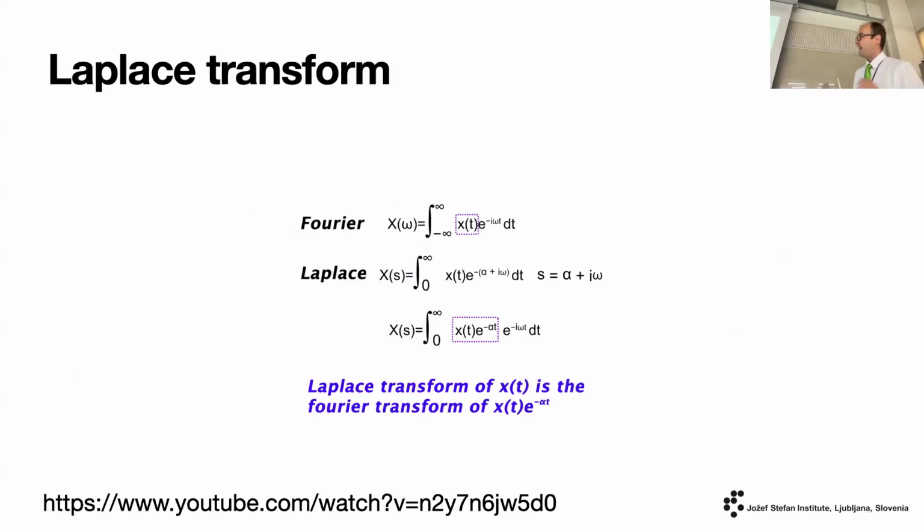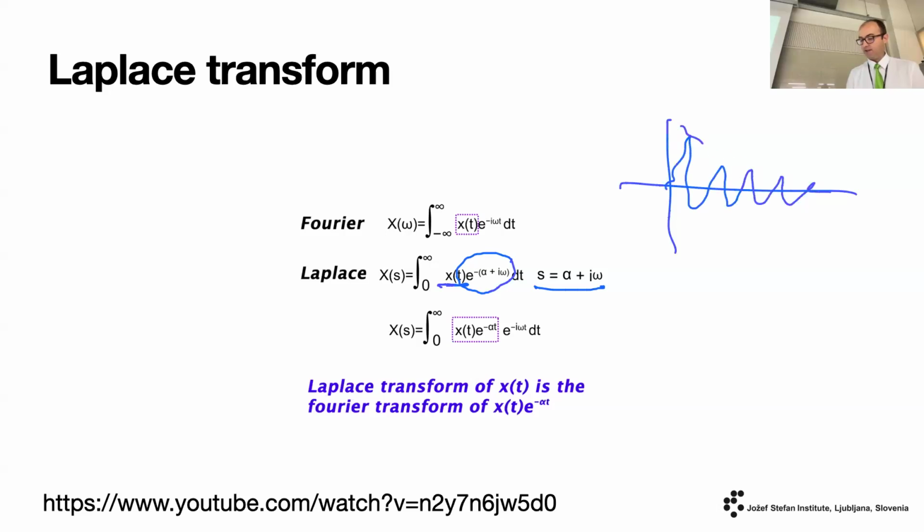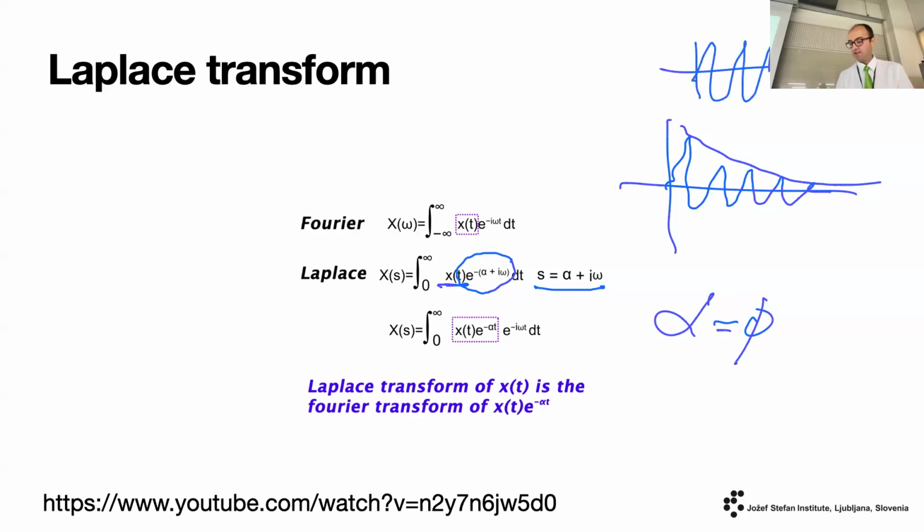This s is actually this part, so it is the original signal multiplied by exponential decay. That is why with the Laplace transform, we can get the frequency that is happening plus the exponential decay or exponential growth. If alpha is 0, then we have a Fourier transform, because we will just have a sine multiplied by e to the power of 0, which is 1.